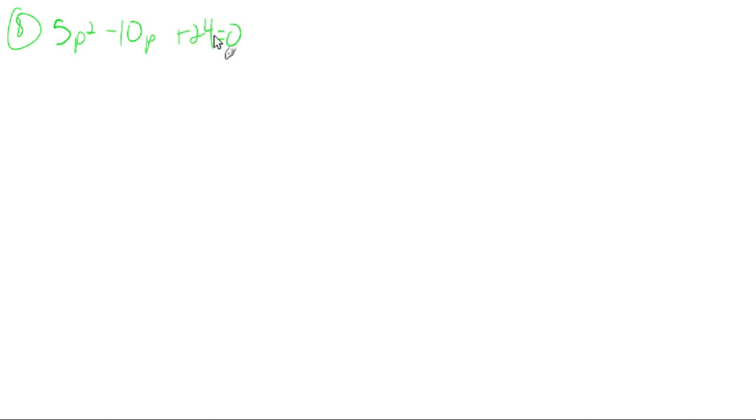Okay, and it's really important that our equation be set equal to 0, and that there not be another number over there. Okay, and that has been the case so far. So x equals negative b, that's negative 10, plus or minus the square root of b squared, that's negative 10 squared, minus 4 times a times c.